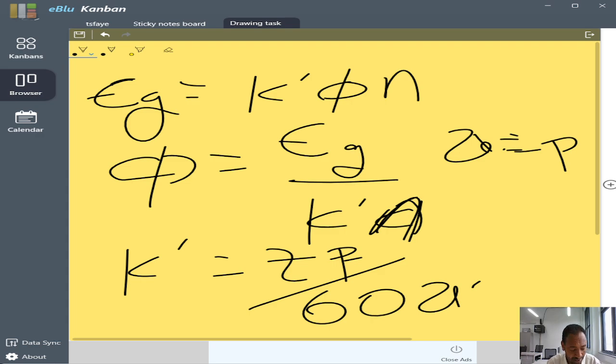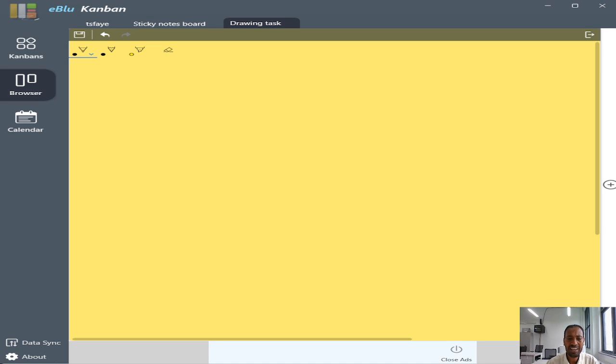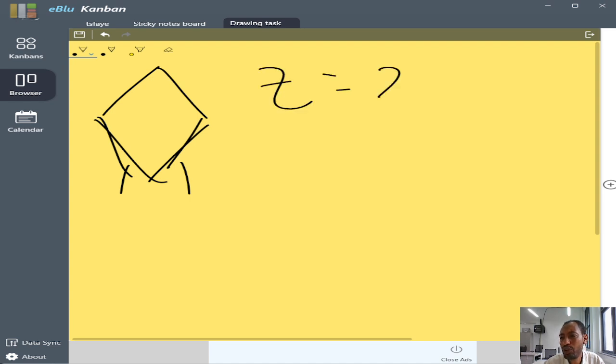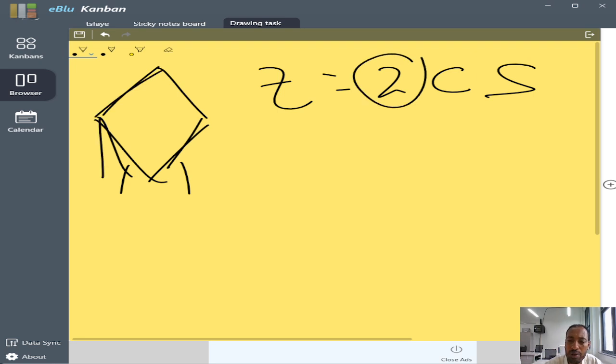From our givens, the slots are given, and the number of conductors per slot is given, and we already said it is a two-layer winding with coil sides. So our Z is going to be 2 times coil times slots. What is this 2? Because one coil has 2 coil sides.